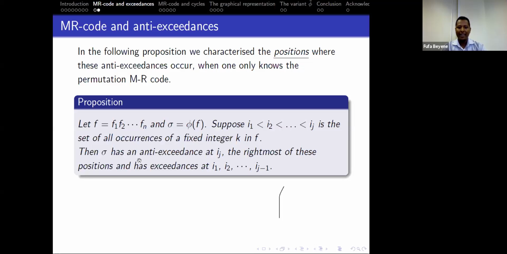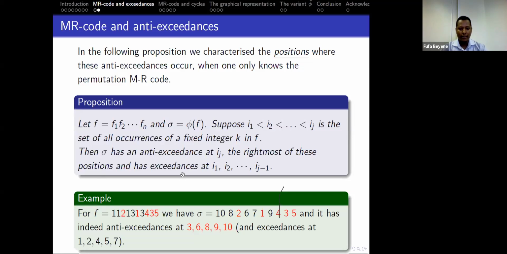Then sigma has an anti-exceedance at ij, the rightmost of these positions. So at that position we have an anti-exceedance, and the first j minus 1 of these positions correspond to exceedances of sigma. For instance, if f is this one, you have the corresponding sigma as this one.